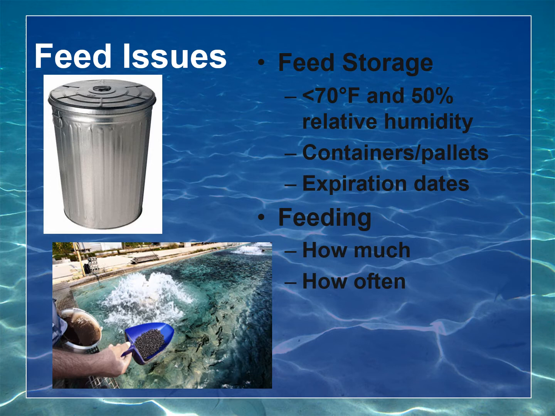This will discourage rats, mice, and insects and avoid the potential spread of pathogens. Follow feed labels regarding expiration dates. As I said, the cost of overfeeding causes loss of money and poor water quality. Know how much and how often to feed based on the fish's life stage.